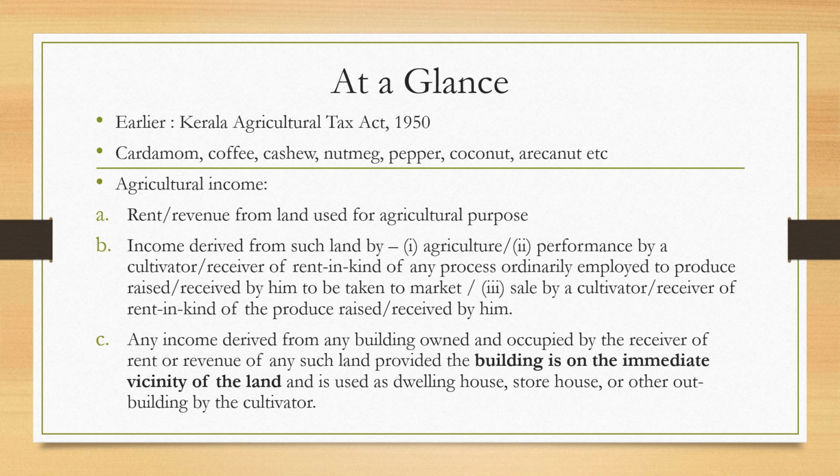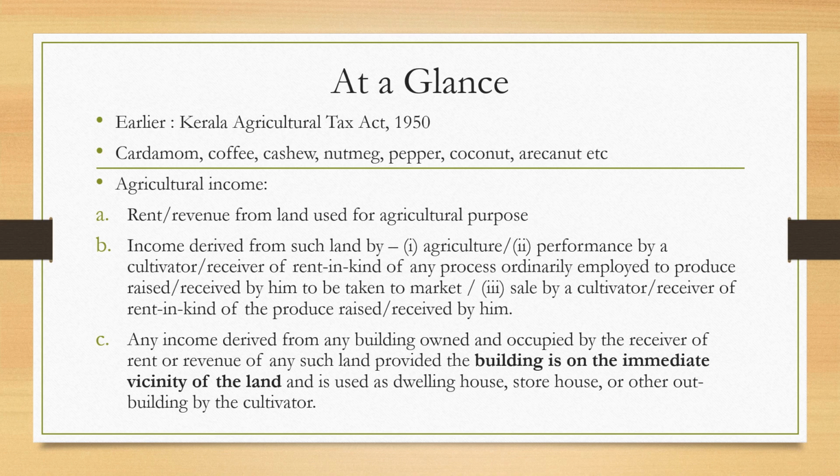Further, any income derived from any building owned and occupied by the receiver of the rent or revenue of any such land, provided the building is on or in the immediate vicinity of the land and is used as a dwelling house, storehouse, or other outbuilding by the cultivator.